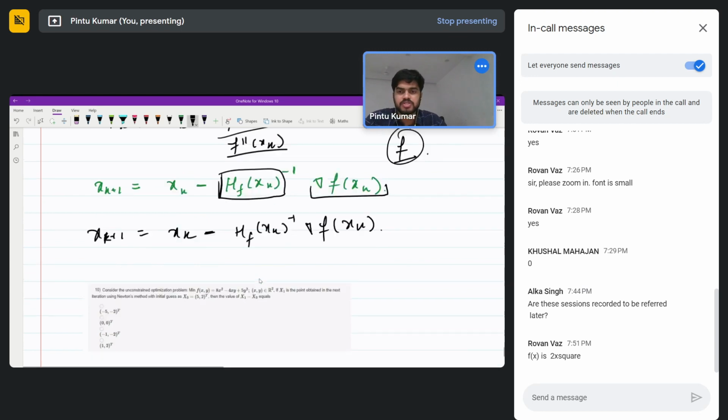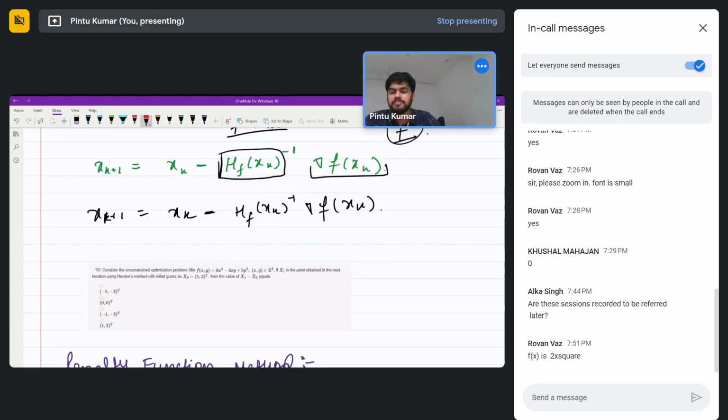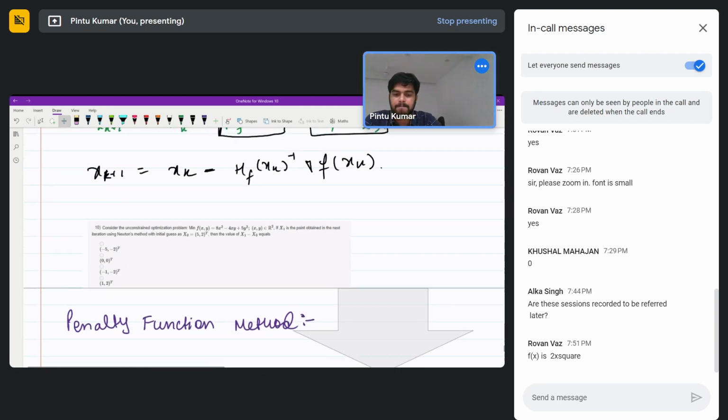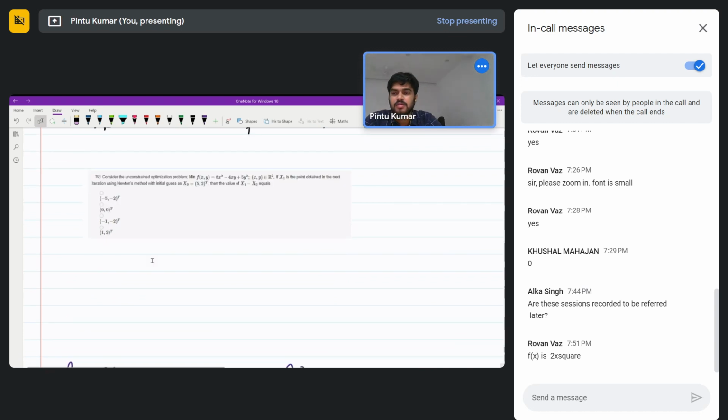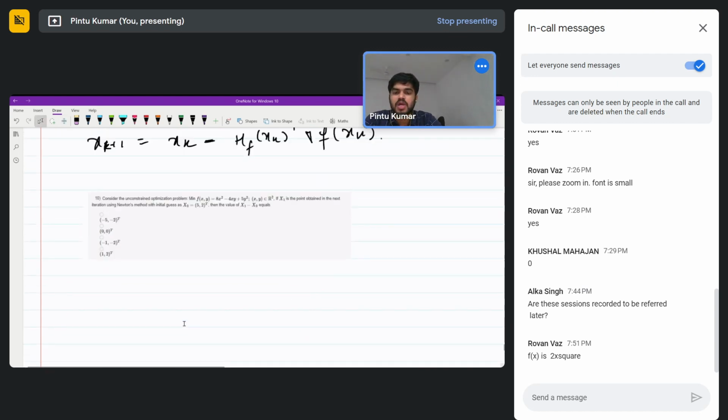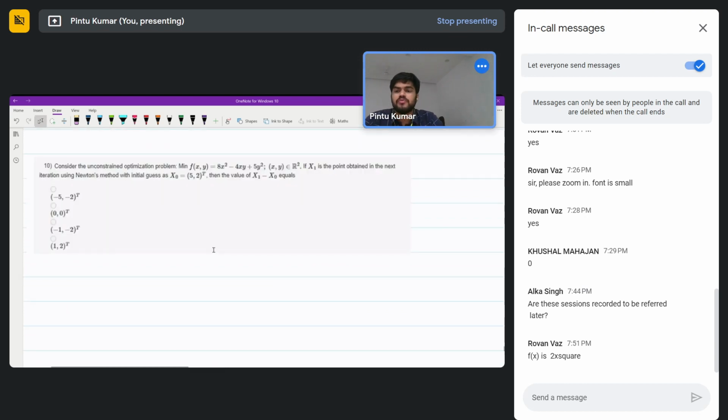Let's solve an example based on it. We are given an unconstrained optimization problem, and we have been asked to find the first point obtained via iteration using Newton's method.